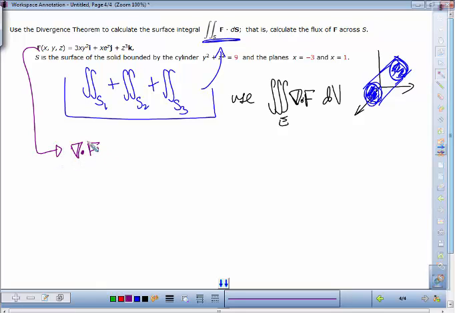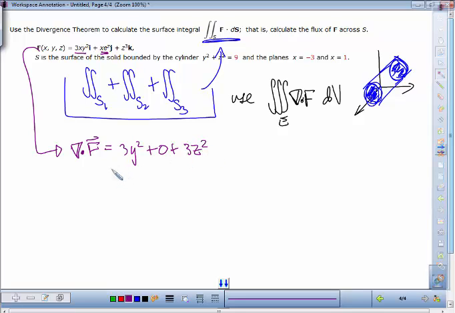The div of F is a scalar function: the derivative of the first term with respect to x is 3y squared. The second has no y's in it, so that's 0. The derivative of the last one with respect to z is 3z squared.